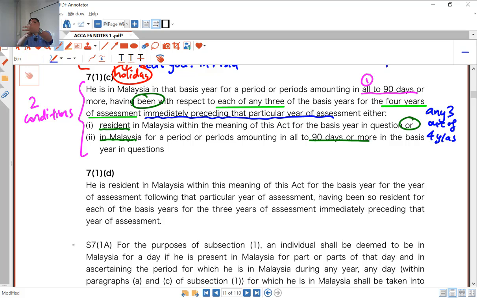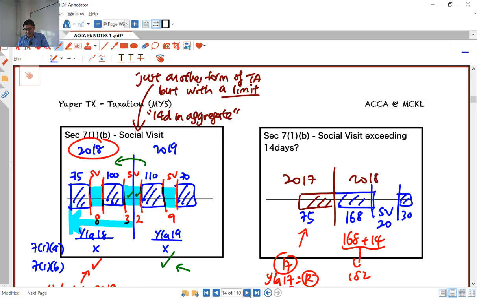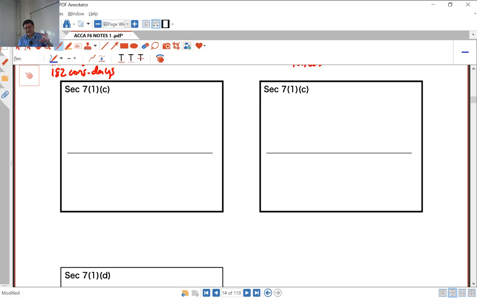You're talking about the 4 years immediately before 2020, so it's 19, 18, 17, 16. And in those 4 years, what do you need? You either been a resident or you have 90 days. It's quite simple, right? So that's how 7.1c looks.